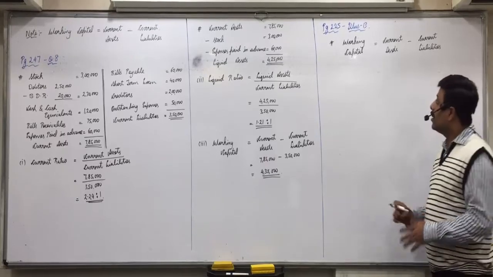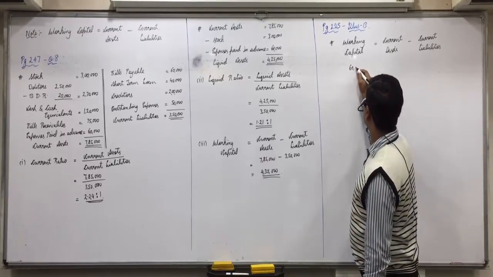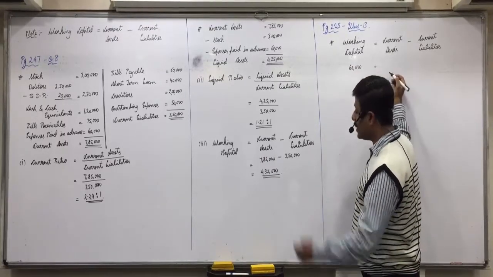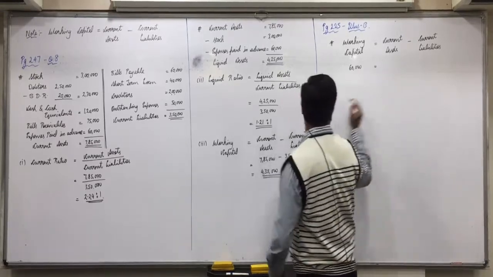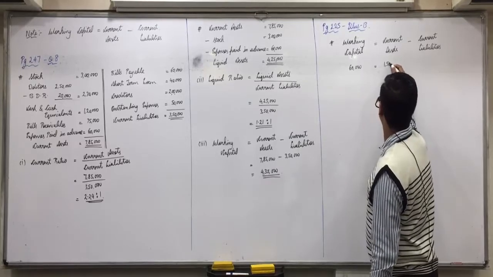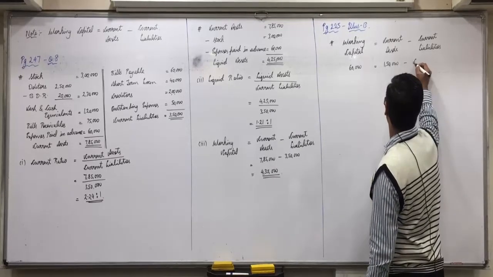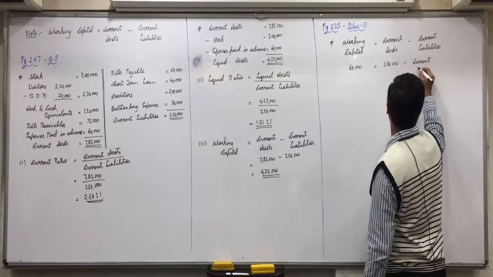Working capital is given 60,000, that is equal to current assets, 1,50,000, minus current liabilities.